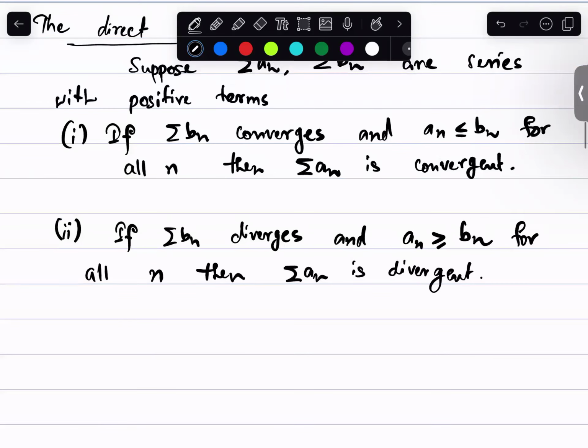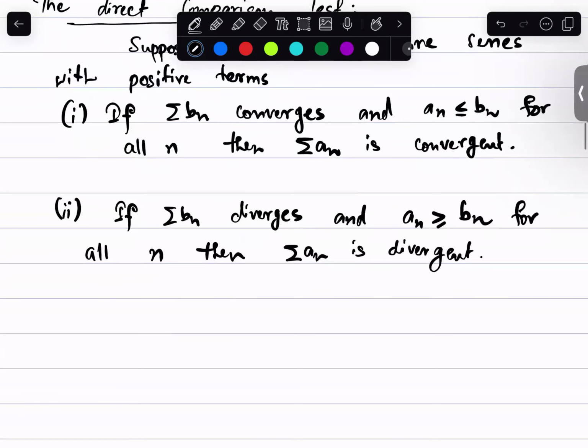Okay. And that's it. Do not take the converse of the statement. It does not hold. This is a one-way direction. The result is true one way, not the reverse way, which will not hold in most cases.